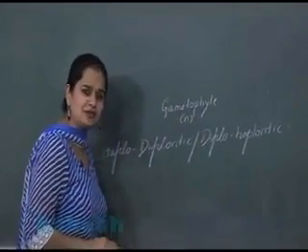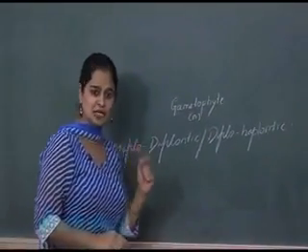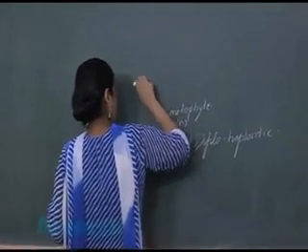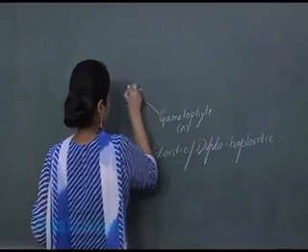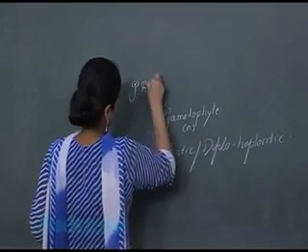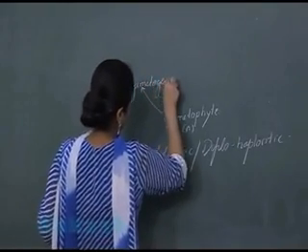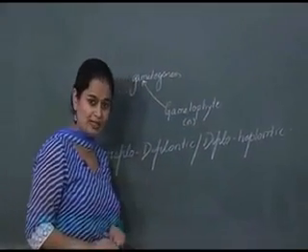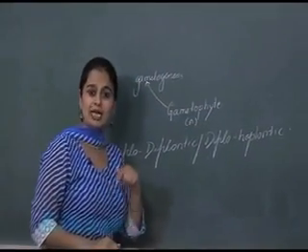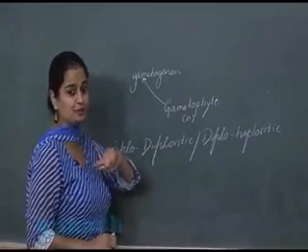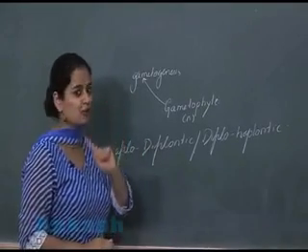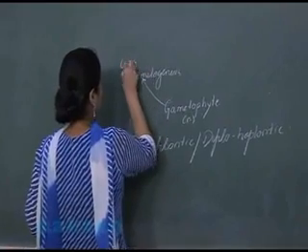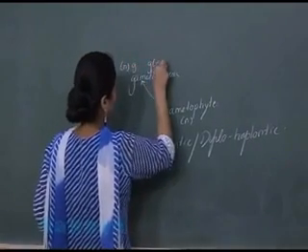Now this gametophyte will show gametogenesis. So the gametophyte is haploid and it has to form haploid gametes. So at the time of gametogenesis, mitosis will occur. Haploid gametes which are formed, now these gametes will show fusion.